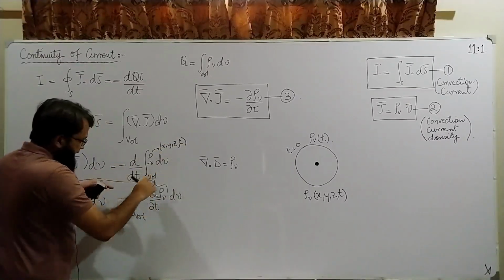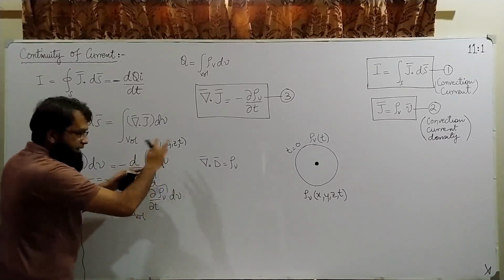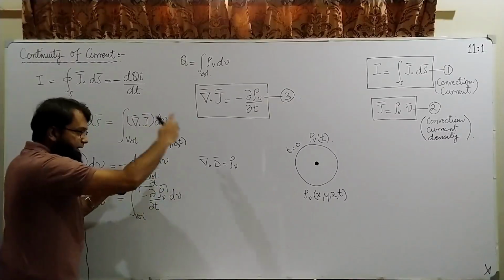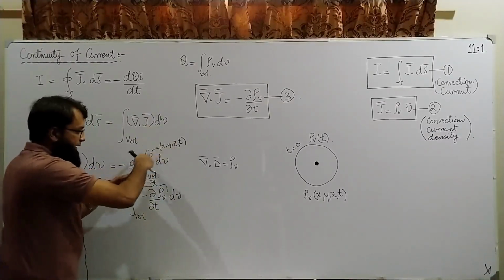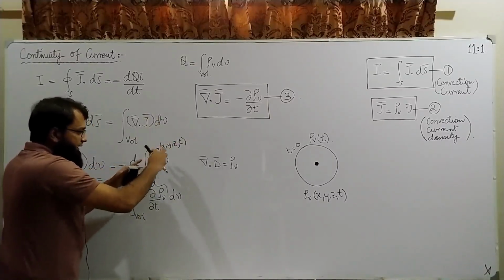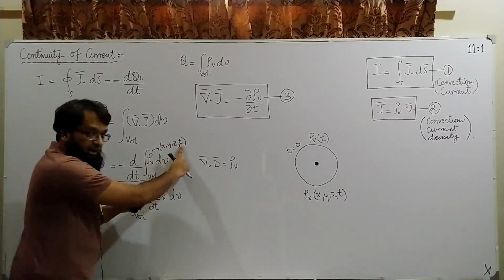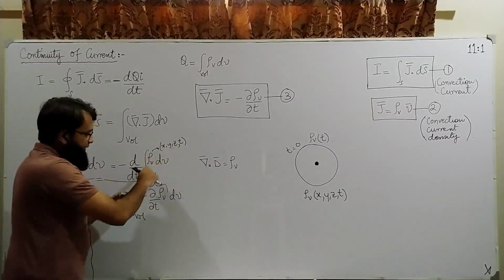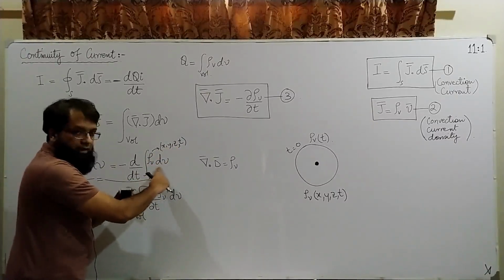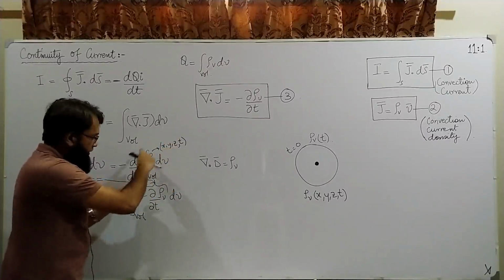After integrating this rho v with respect to volume, with some limits for x, y and z, the result of this integral would only be a function of time, because you have integrated rho v with respect to space x, y, z already and put in the limits, so x, y, z are gone after integration.